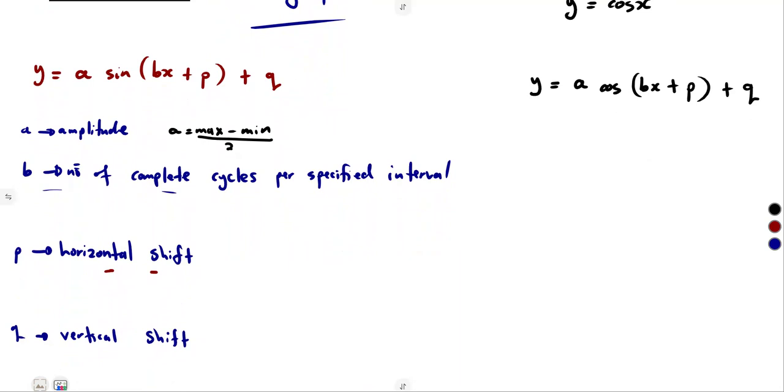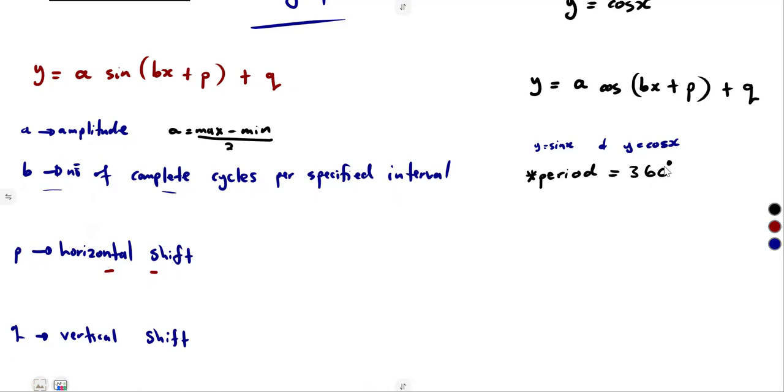So what do these two graphs share? The period. If we are given the graph of y is equal to the sine of x and y is equal to the cos of x without the effects, their period will be 360 degrees.